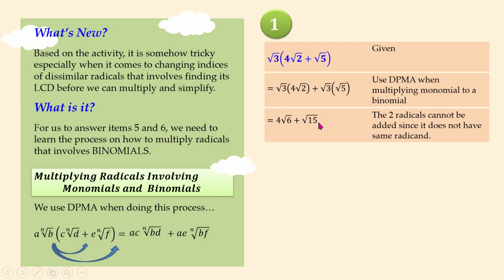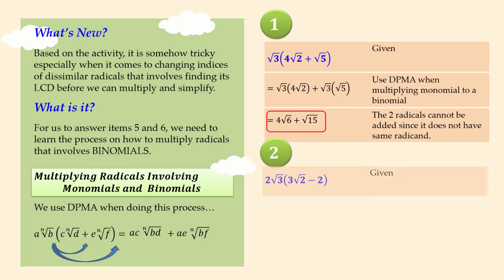There are two conditions for us to add and subtract radicals: the same index, and the same radicand, or number or variables inside the radical symbol. But since the numbers inside are not the same, 6 and 15, the numbers outside could not be added. So, that will be our final answer.